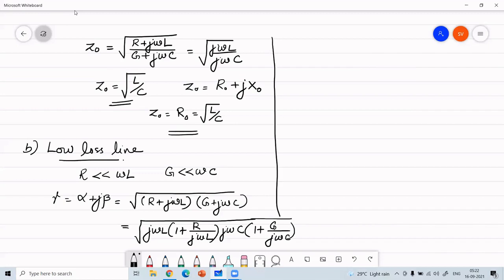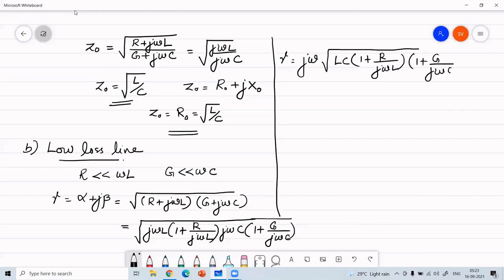Now here j omega can be taken out. So gamma is equal to j omega into root of L into C into (1 plus R by j omega L) into (1 plus G by j omega C).